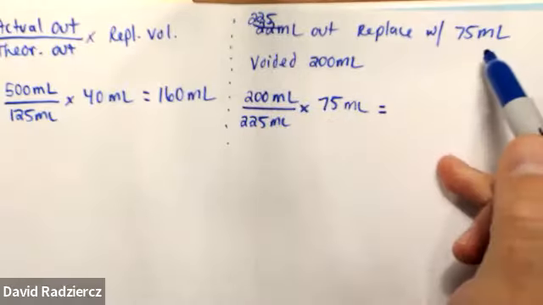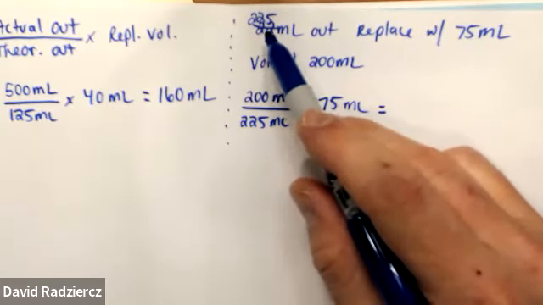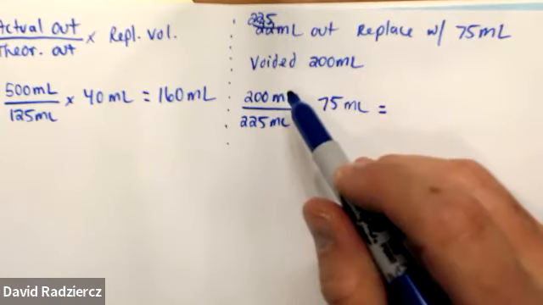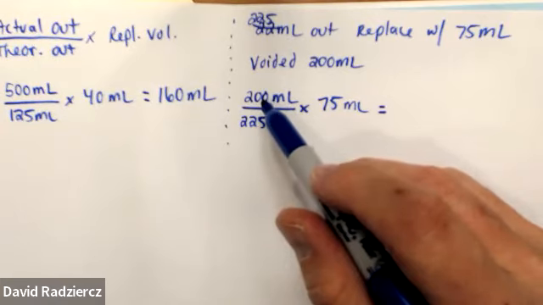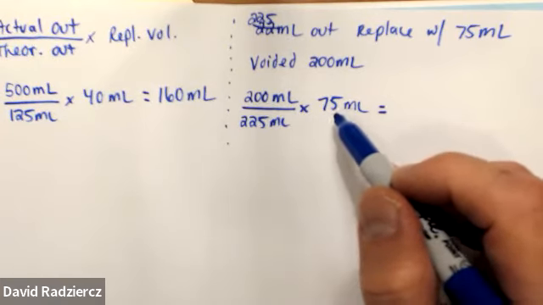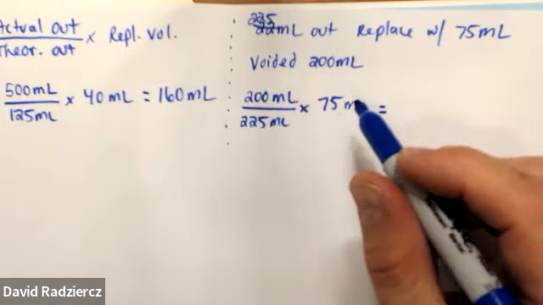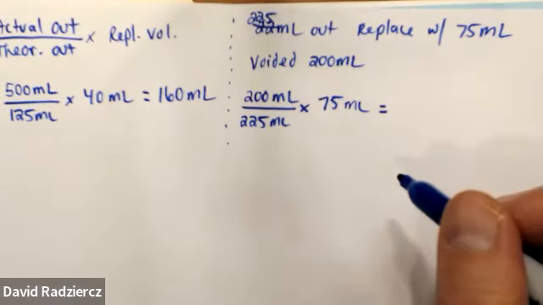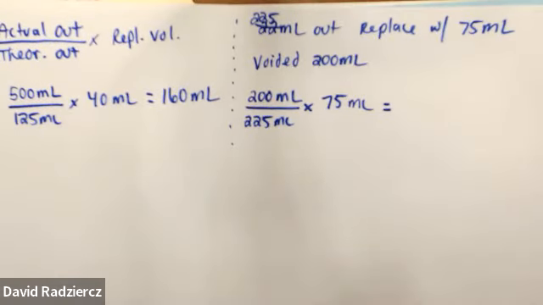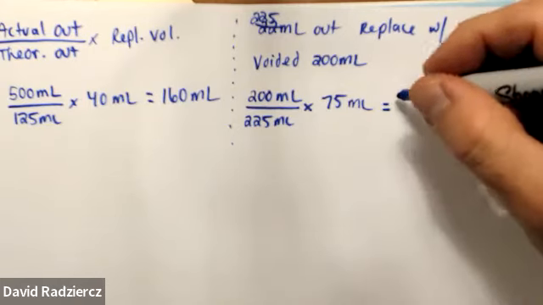Yeah, because in order to replace with 75 milliliters, they had to have voided at least 225. But since we voided less than 225, my replacement volume is going to be less than 75. The reason I'm asking that extra question is it helps you see what's going on here. Do they need more or less fluid based off of this information?